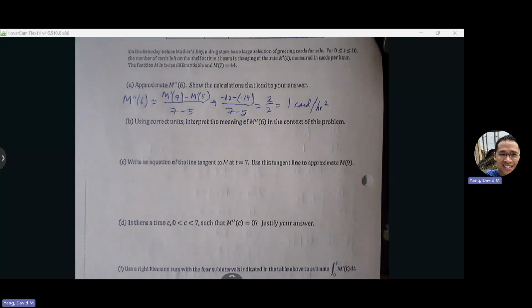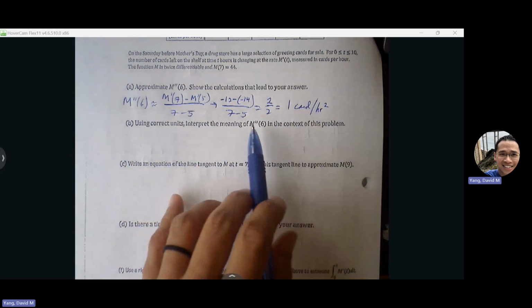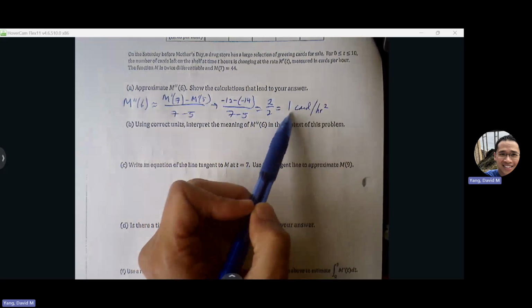Because m prime is in terms of cards per hour, we know m double prime is going to be cards per hour squared. So using correct units, interpret the meaning. Anytime we're talking about the second derivative, we don't want to rely on acceleration, even though acceleration is good for particle motion. We want to say something in terms of the rate increasing or the rate decreasing. In this case, the rate is going to be increasing because we get a positive value.